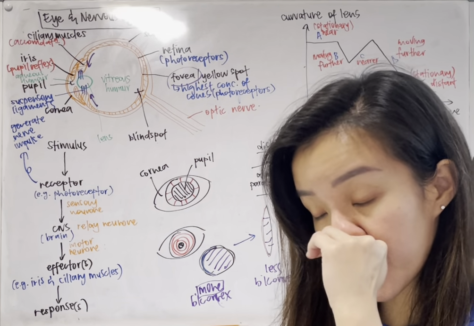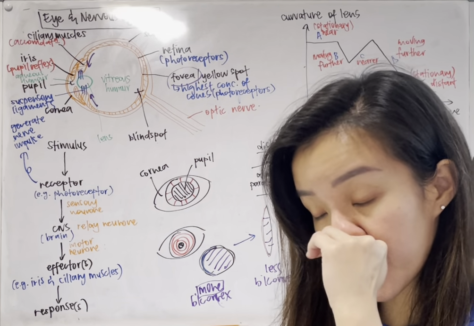Alright? Okay, so for B, can you write: the object is moving further away, causing ciliary muscles to relax more in order to tighten the pull on the suspensory ligaments, for the lens to become thinner, to refract less light onto the fovea.